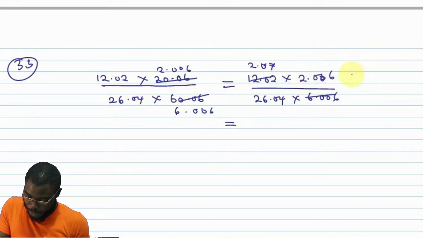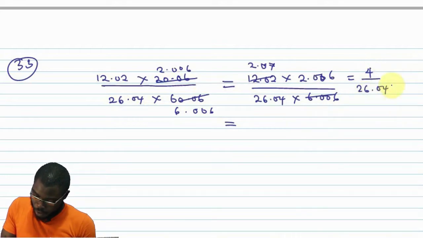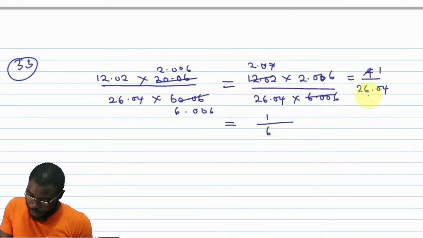So you approximate it as 2 times 2, which is 4, over 26.04. If 4 goes into 26, how many times? 6 times, that's 24, and the remainder is 2. 4 goes into 20 five times. So we have 6.5.